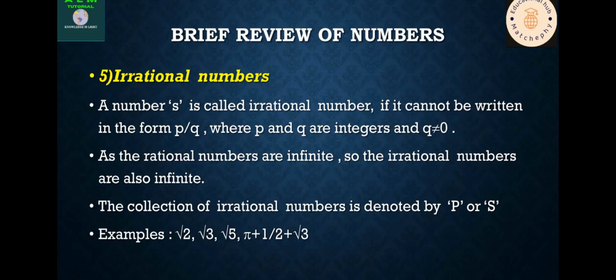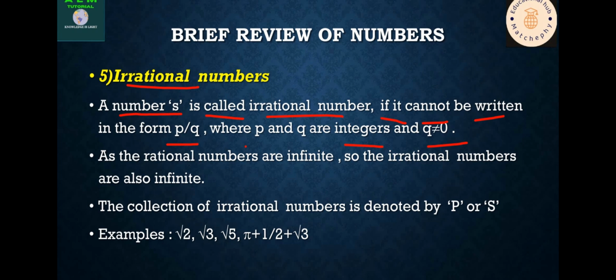Now we are going to learn about irrational numbers. A number S is called an irrational number if it cannot be written in the form of p by q, where p and q are integers and q is not equal to 0. If it is written in the form of p by q, then it will come under rational numbers. But if it cannot be written in the form of p by q, it will come under irrational numbers.